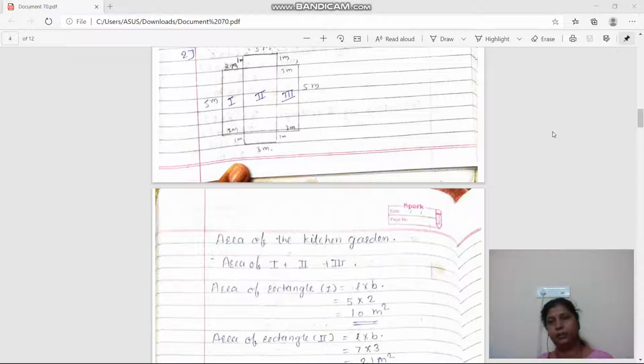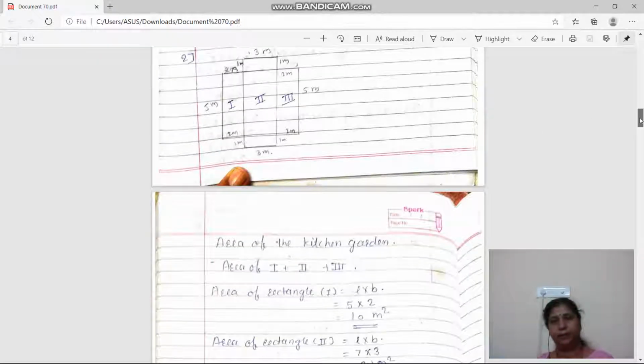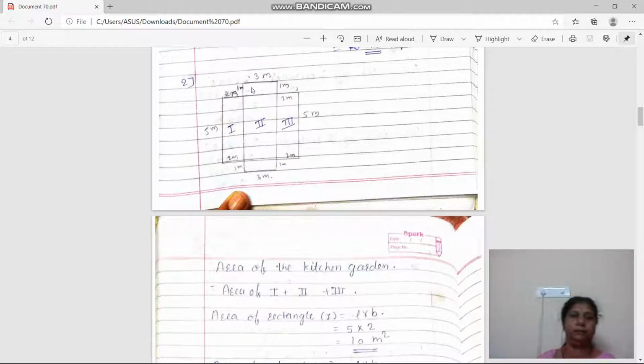See carefully how we have taken the length and breadth. Breadth is 3 meter, no problem. Now we have to calculate this total length. From this point to this point, what is its length? 5 meter. So this is also 5 meter, and this is also 5 meter.